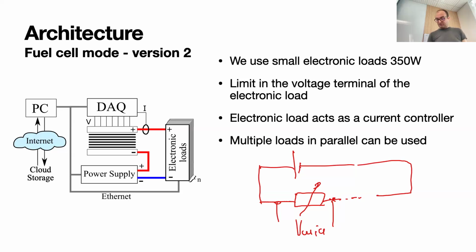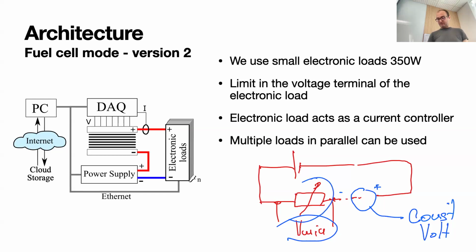So in order to increase the voltage here, we just add an additional power supply, so that the voltage here is boosted. We always operate the power supply in constant voltage mode, so it just follows the current that is required in the circuit.